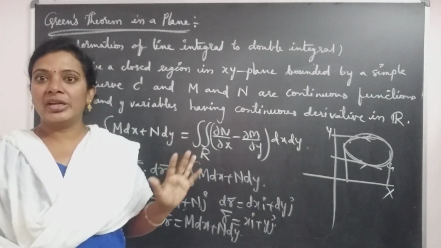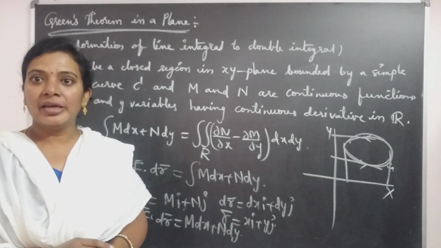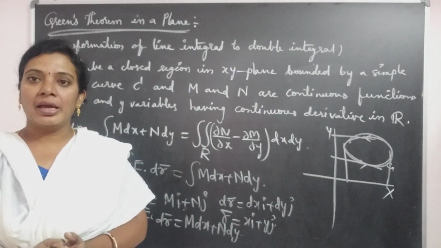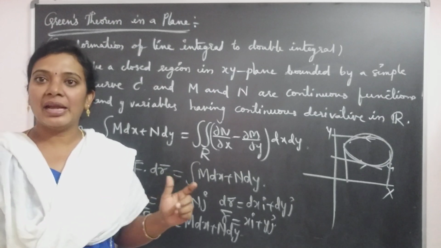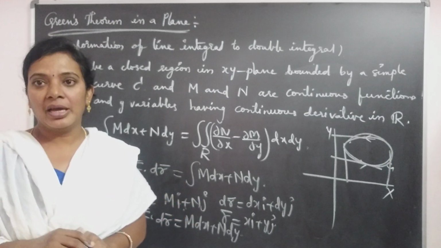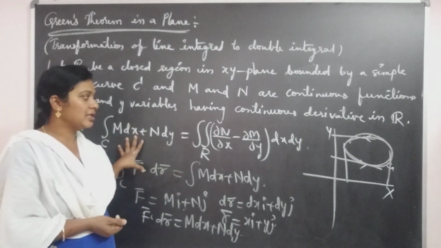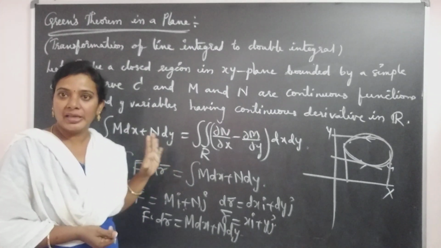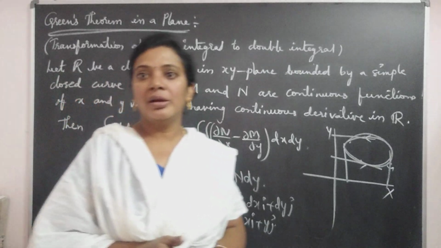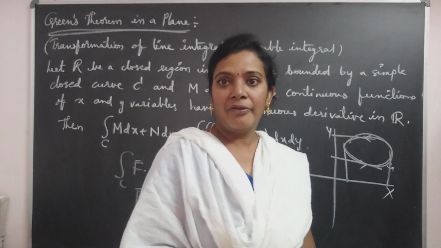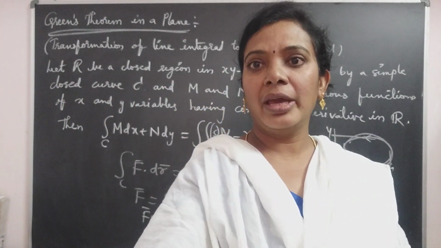By using that relation, we can verify Green's theorem. Okay, that is the theorem statement and how we can verify Green's theorem in two different cases: one is a simple curve, another is in circular motion or circular form of the curve. Okay, thank you.